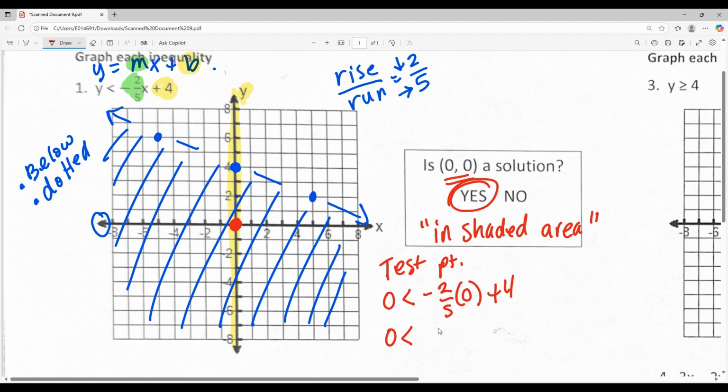So the only thing we have left on that side is 4, because that 2/5 is gone. Is 0 less than 4? Yes, this is true. So that means that it should be in the shaded region. If it came back false, then we know we shaded the wrong side.